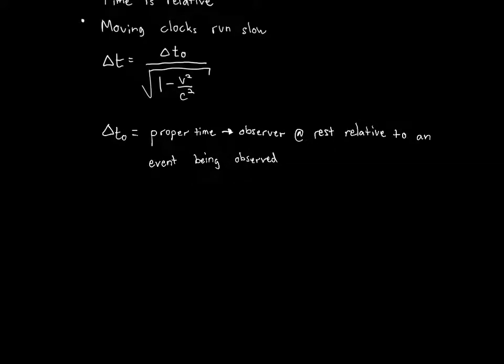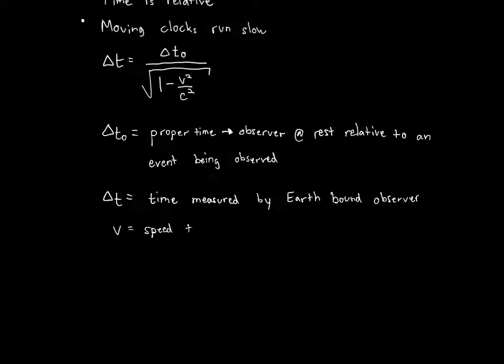The other variables we have in here, delta t is the time that's measured by, let's say, an earthbound observer. And then v is the speed that your proper time observer is actually traveling with.